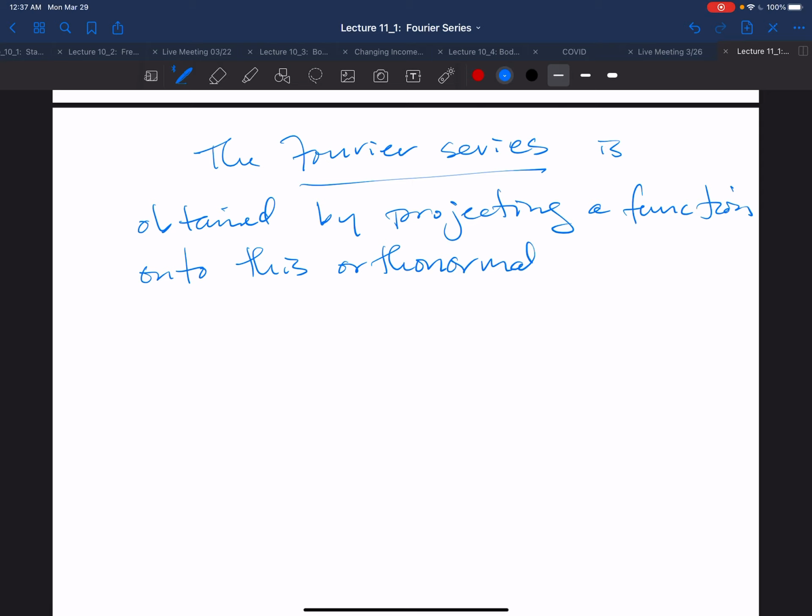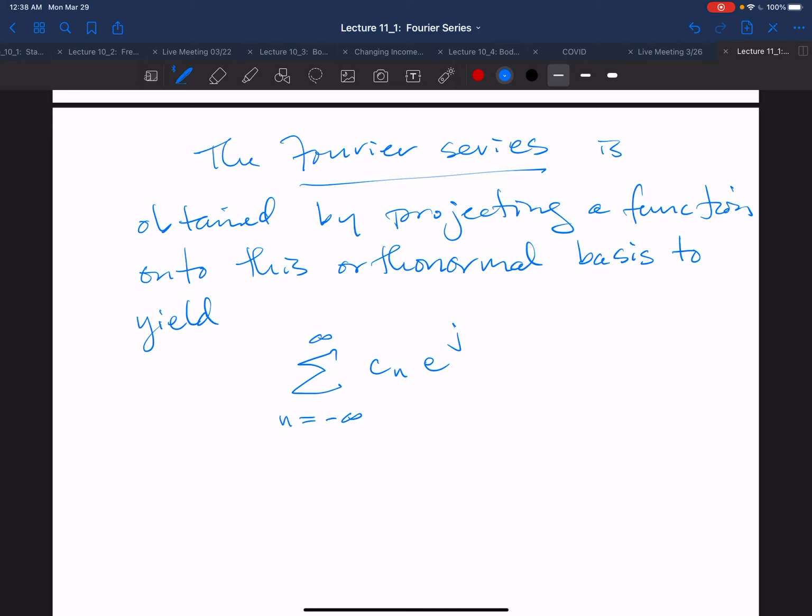So we just use the inner product. And what that gives us is an infinite sum, well, a weighted infinite sum of complex exponentials.